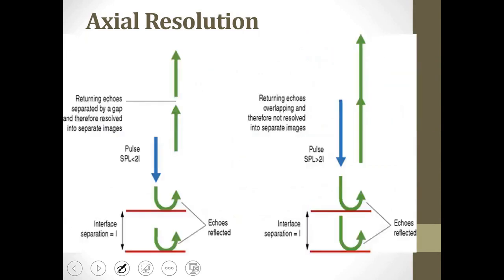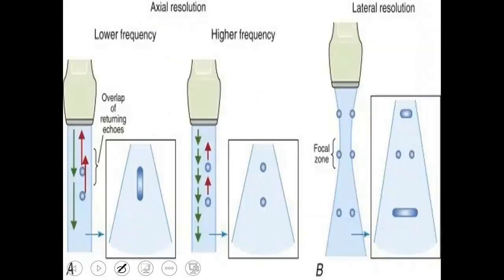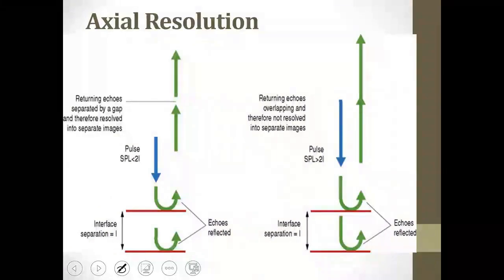If I say that my pulse length is short, what does that mean? It means that the number of cycles, or the wavelength, is short, meaning the pulse itself is short. Now imagine with me that I have given a pulse here.